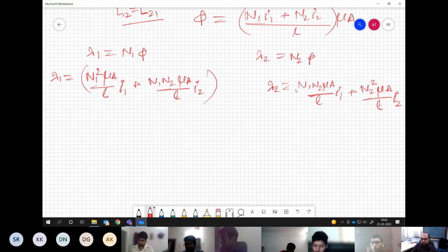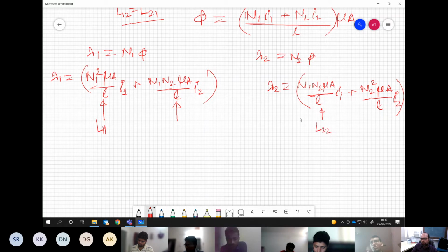So this is where we get the information about the self and mutual inductances. What is self-inductance? That is coming because of the excitation within the coil itself. So this is the self-inductance for the first coil. You can call it L11. Similarly, we have L22.